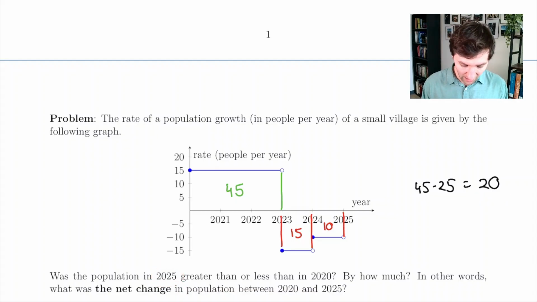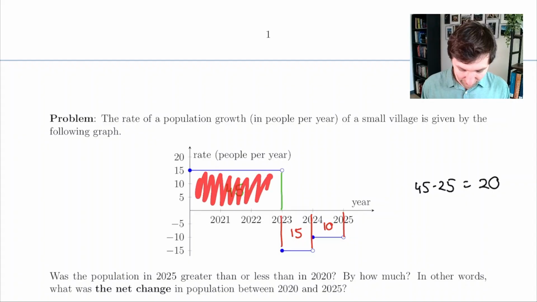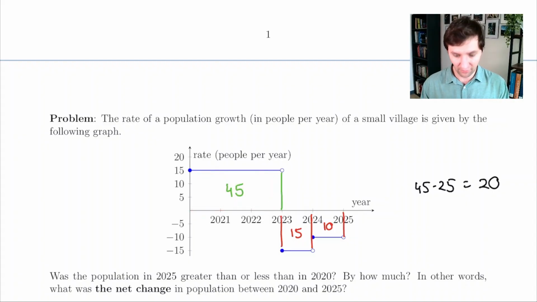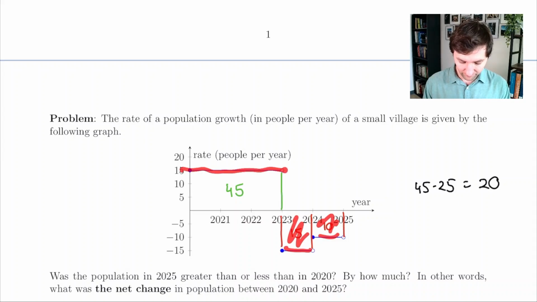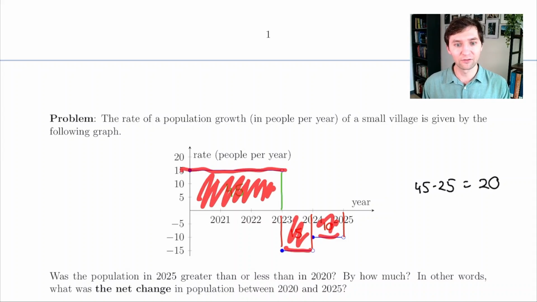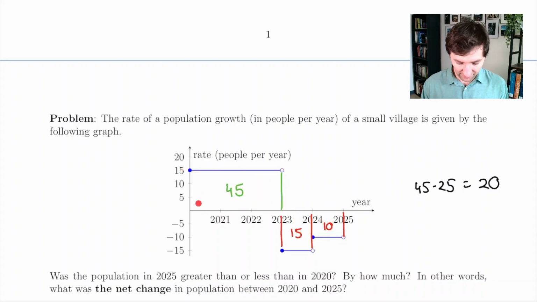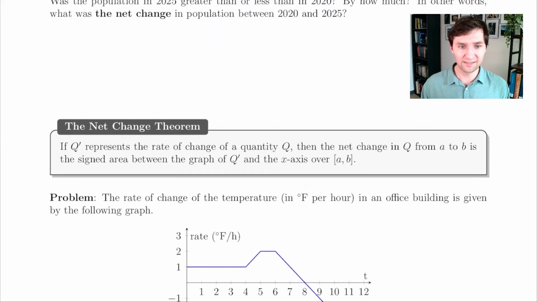Note that the areas under the graph of the function that were above the x-axis were taken positively. Areas below the x-axis were taken negatively. Whenever you're given a rate, the area underneath gives you the total change, and that total change is positive if it's above the x-axis, and it's negative if it's below the x-axis. This is exactly the statement of the net change theorem.